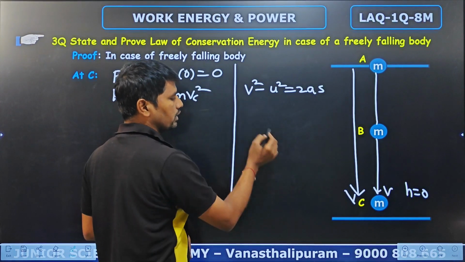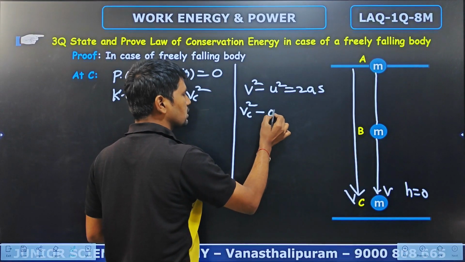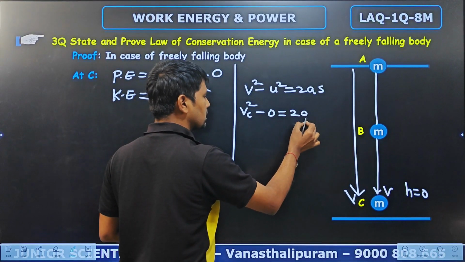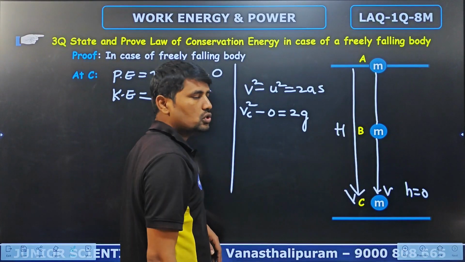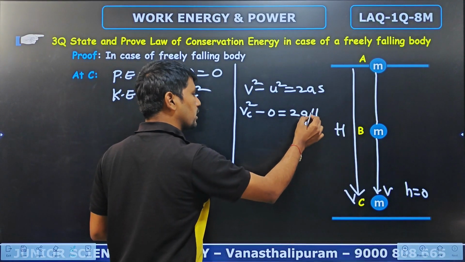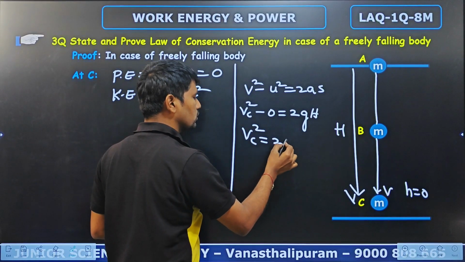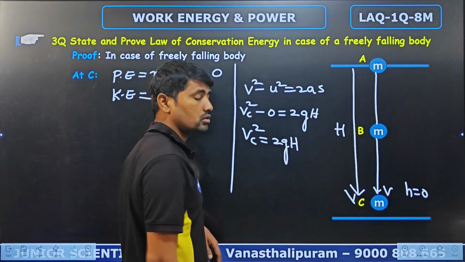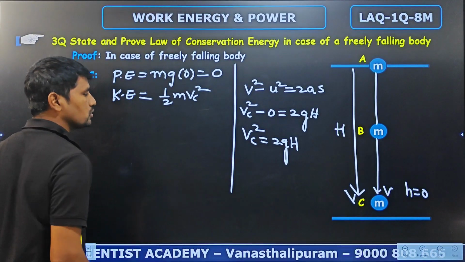Final velocity Vc minus initial velocity 0 is 2 times g times s, where s is the distance traveled. How much distance traveled? Total height, taken as capital H. So finally, Vc squared is equal to 2gH. Yes, students?